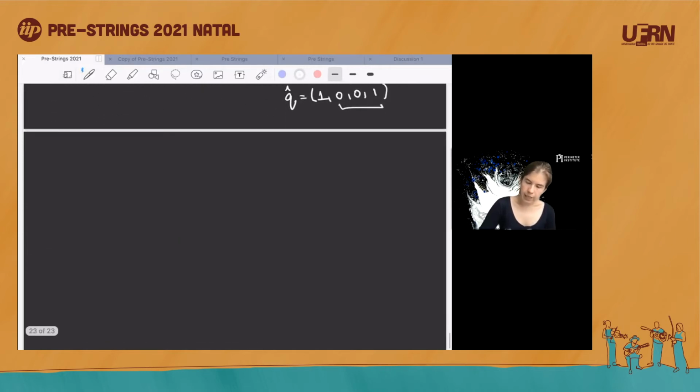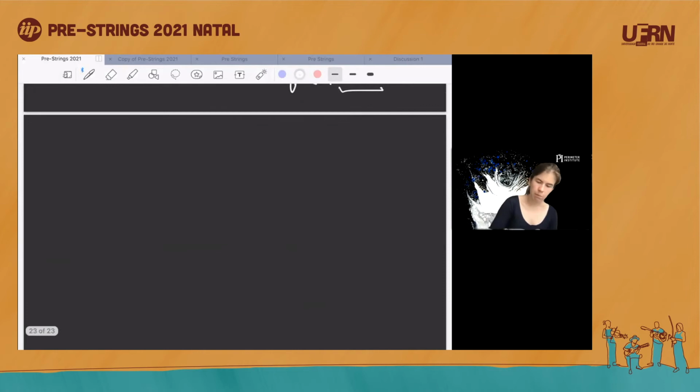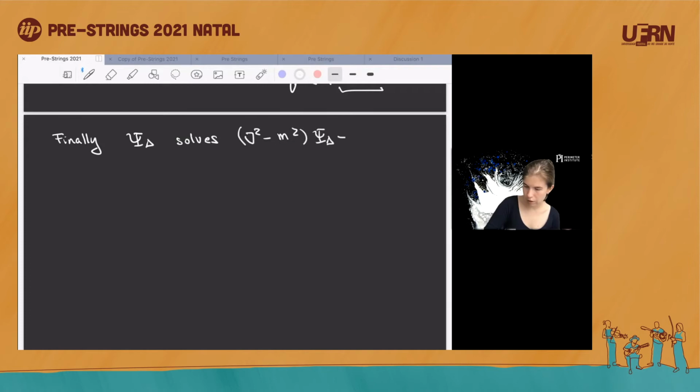Okay, so now we have these boost eigenstates, and we want to impose, finally, that psi delta solves the wave equation. Okay.